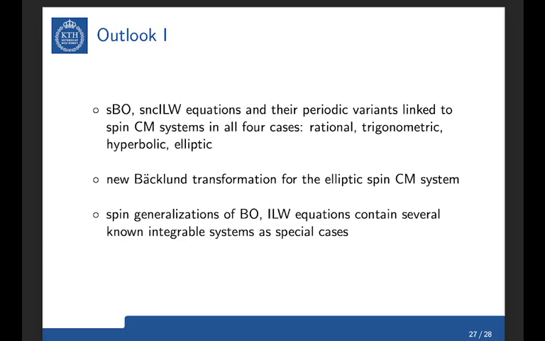And I've also briefly shown, just a few slides back, that the spin generalizations of Benjamin-Ono and ILW equations we found actually contain several known integrable systems as special cases or singular limits.